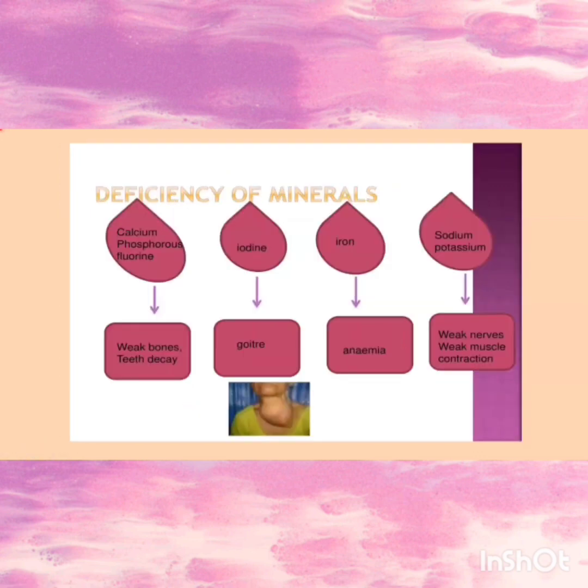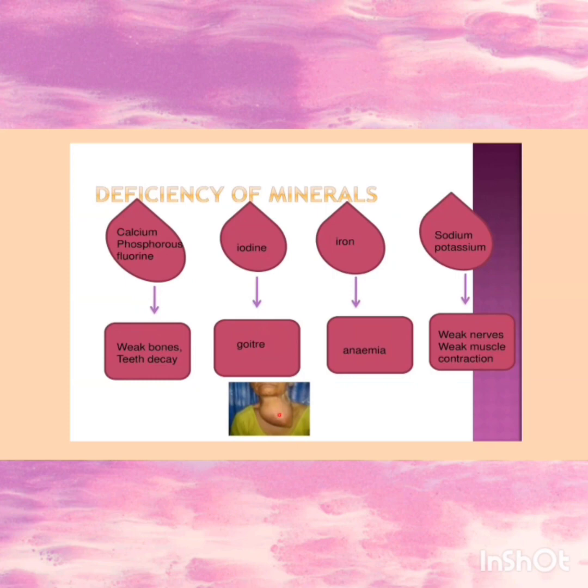Now come to the deficiency of minerals. Due to deficiency of calcium, phosphorus and fluorine: weak bones, tooth decay. Due to deficiency of iodine, disease, that is goiter.